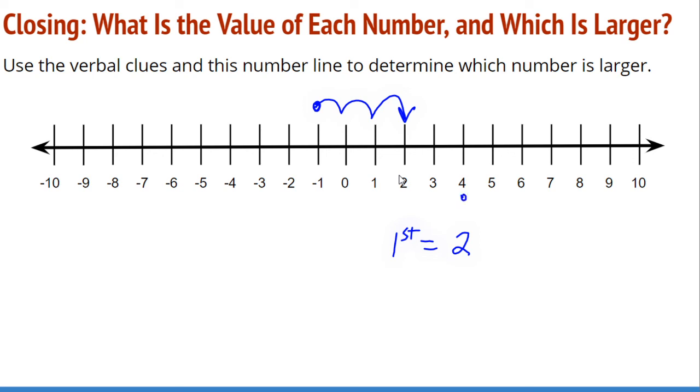So I've got 4, and I'm going 1, 2, 3, 4, 5 to the left of 4. So my second number is going to be -1. Then we are supposed to say what is the value of each number, 2 and -1, and we would say that 2 is greater than -1.